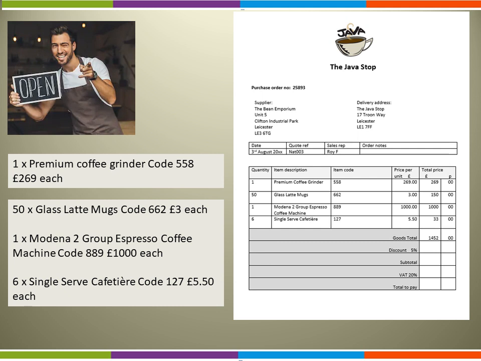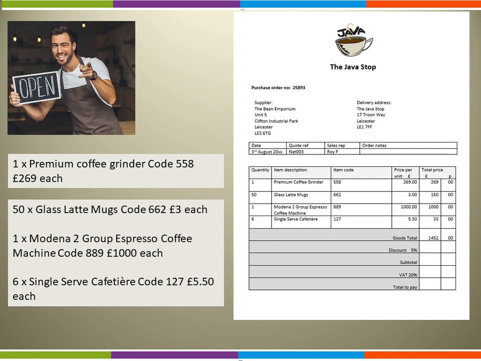We now have quantity for the latte mugs of 50, item code 662, a price of £3 each. Quantity of 50 multiplied by the £3 gives us a total price of £150. For the Medina 2 Group Espresso coffee machine, there was one of those ordered, the item code 889 and the price £1,000.